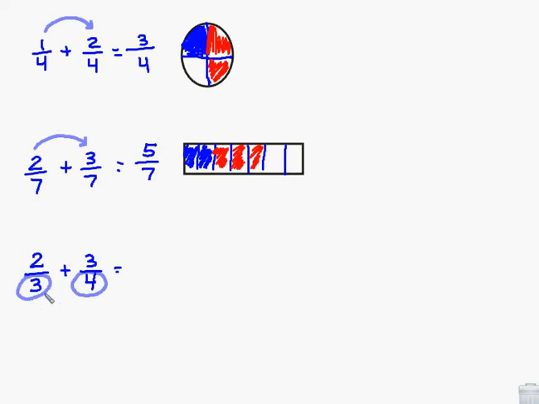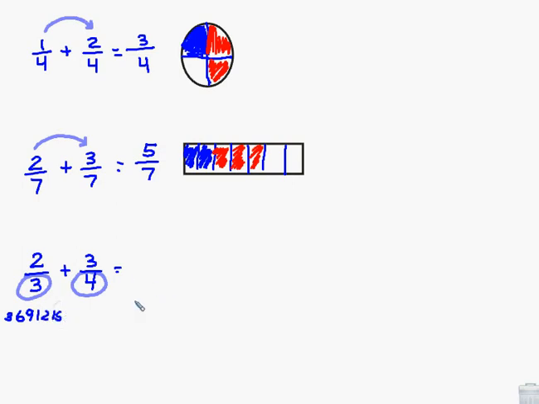So let's think about numbers that could possibly be a common denominator. Let's think about the different multiples. If we listed the multiples of 3, we would have 3, 6, 9, 12, 15.